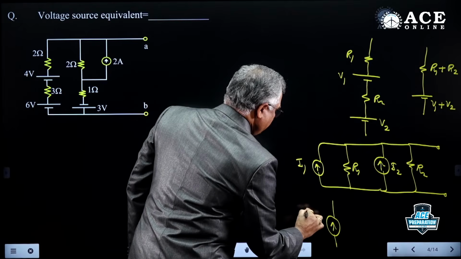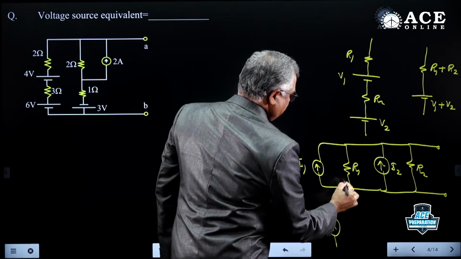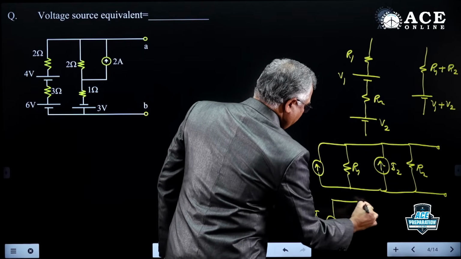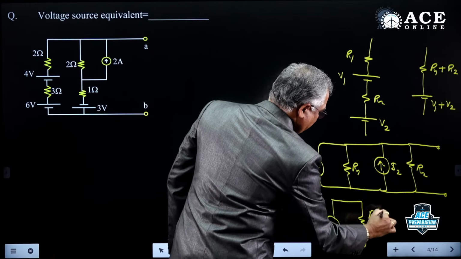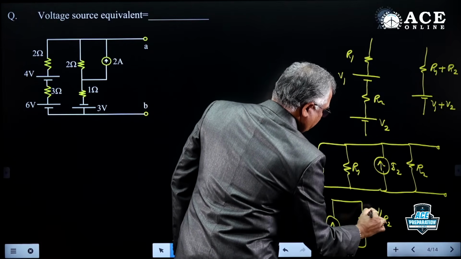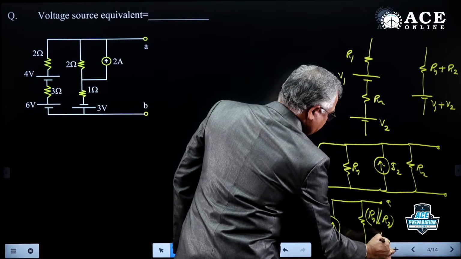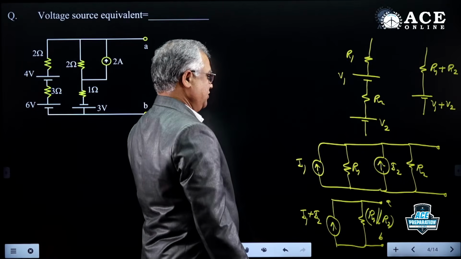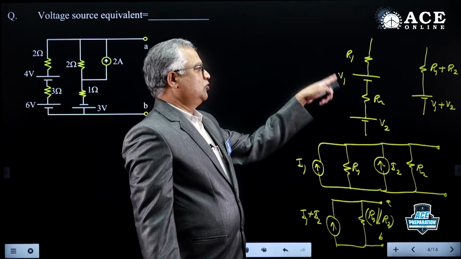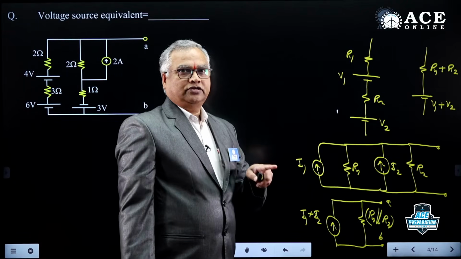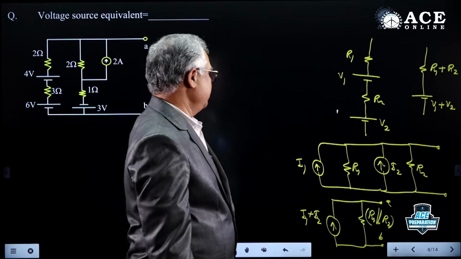This is I1 plus I2, and then R1 and R2 are in parallel. So two current sources in parallel we can add. Two current sources in series we should not add. Two voltage sources in series we should add, two voltage sources in parallel we should not add. These are the basic rules.